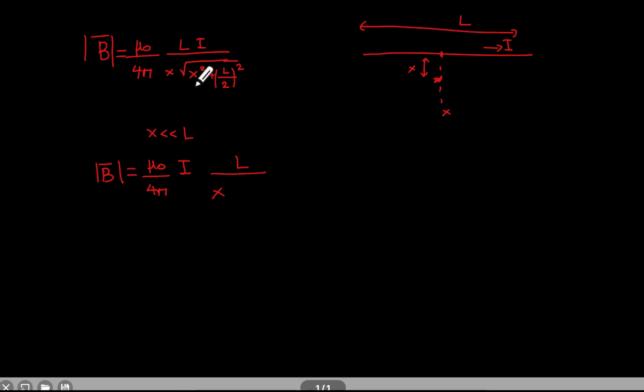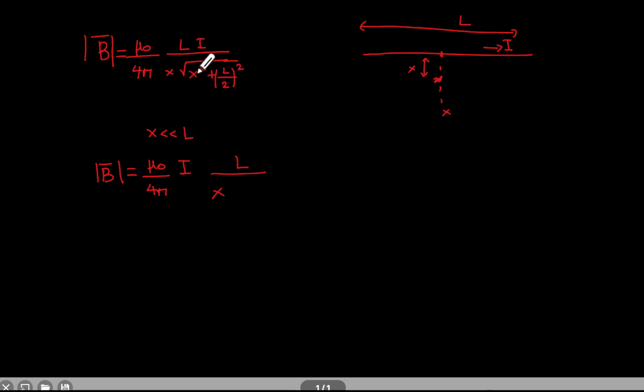Now this is what I'm going to do. I see in the square root I have x squared plus L over 2, squared. Now, when x is much less than L, this term x squared will be significantly less than L squared over 4.